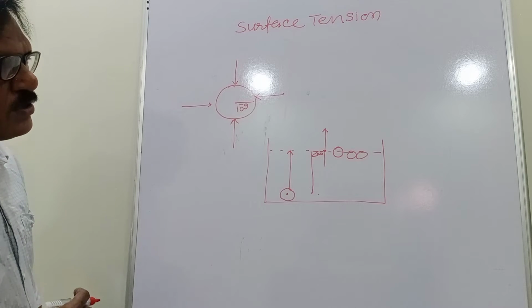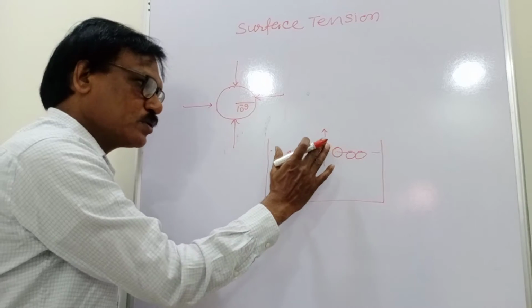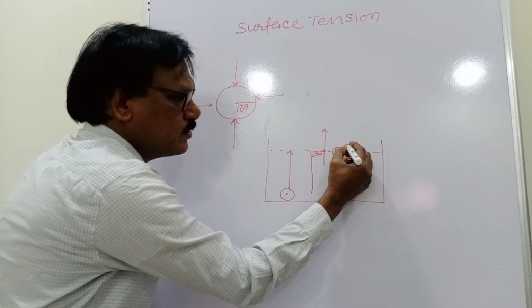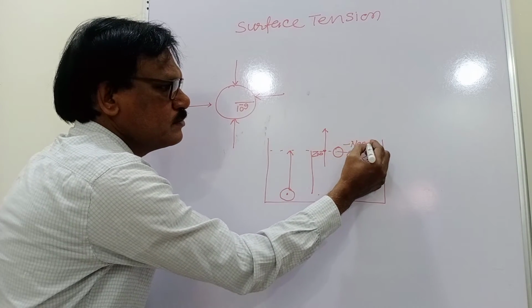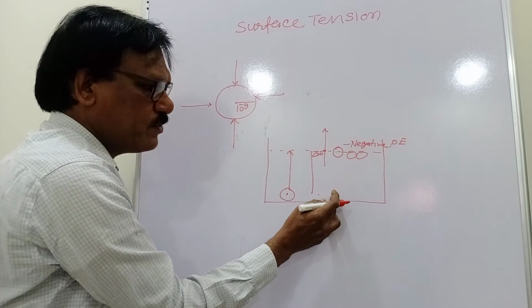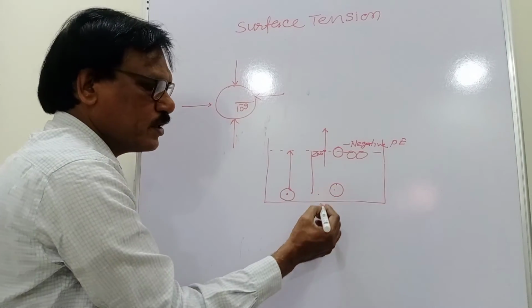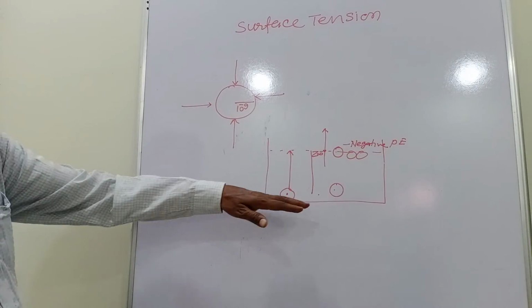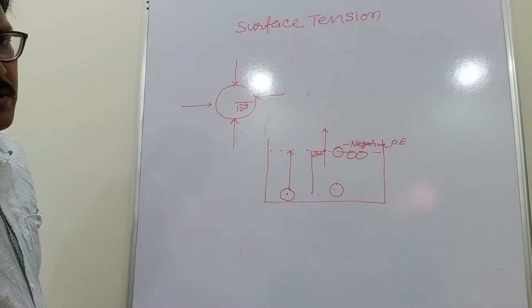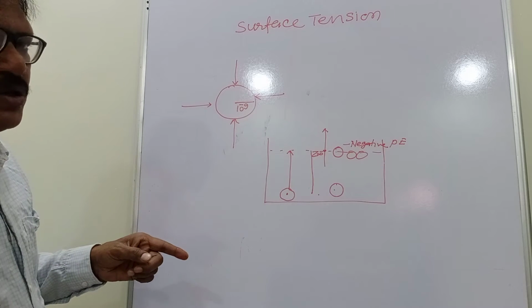So surface energy per unit area is actually the potential energy. Here there is negative potential energy, and here we are taking the molecule. Definitely this molecule has more energy. So when we bring the molecule here, we have to do some work, and that work is stored in the form of potential energy.